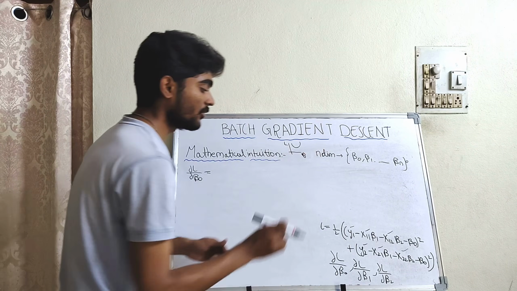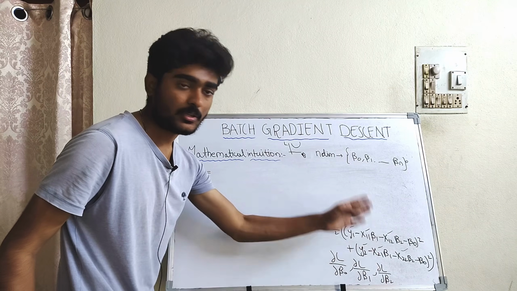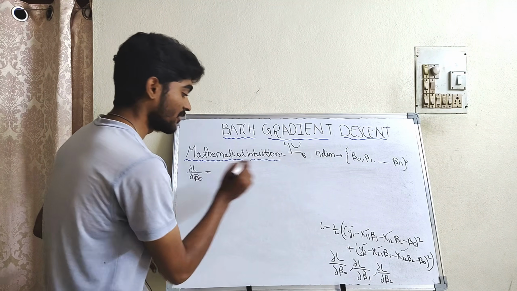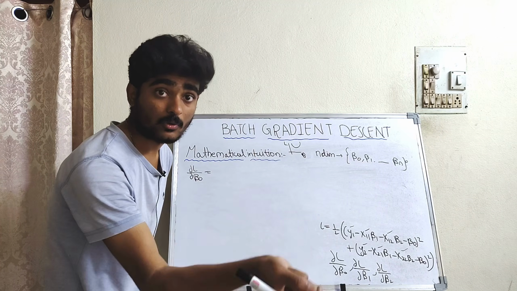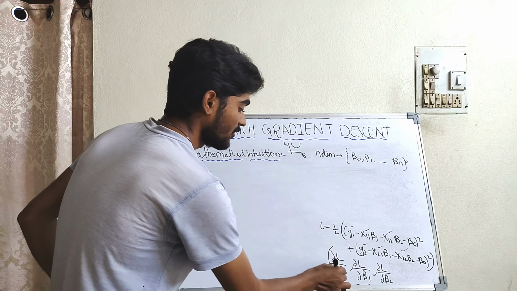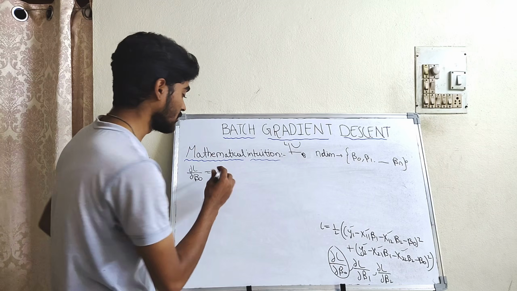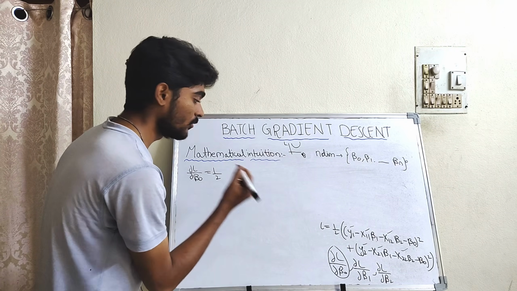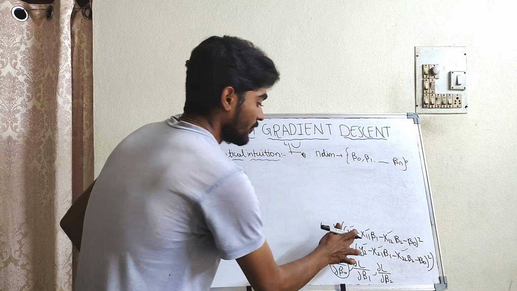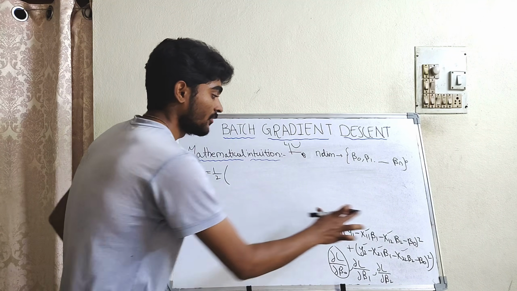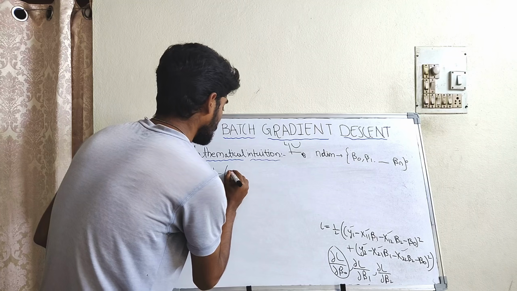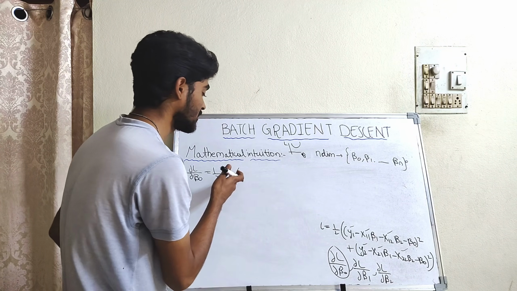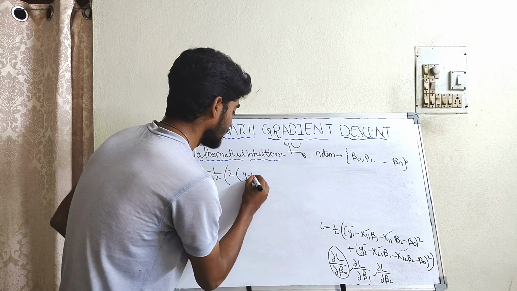Now similarly you need to differentiate this entire function with respect to beta naught. It will be 1 by 2 times, and first you treat it as x square, so we get 2 over here, 2 times y1 minus y1 hat.